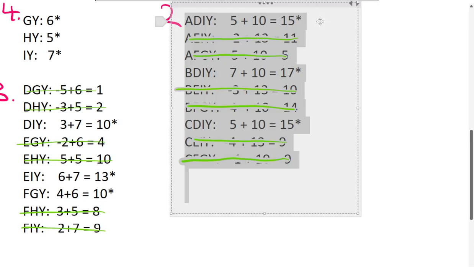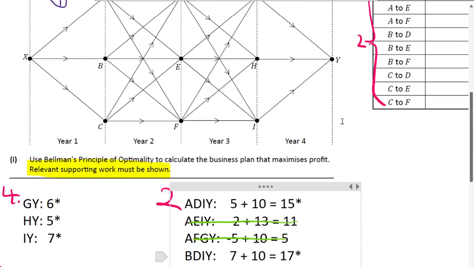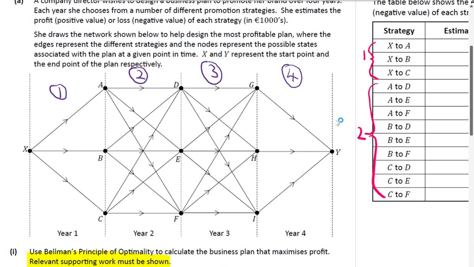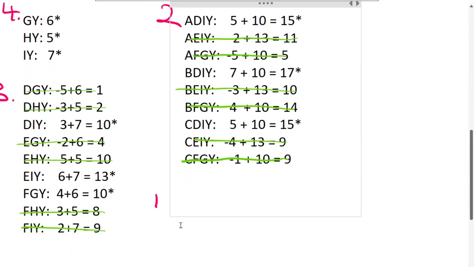Anyway, I'll just move that up so we can look at stage 1 then. And stage 1 is where the answers are going to arrive. So with stage 1, we have from the source point X to A, B, and C. And we're going to get 3 options, so it's a lot less writing.